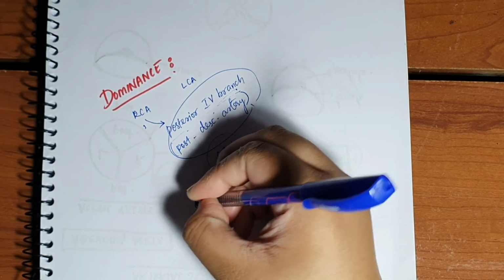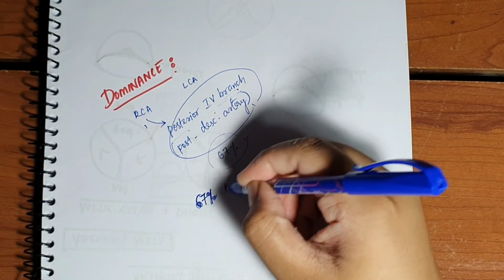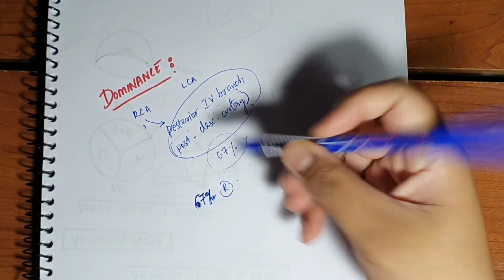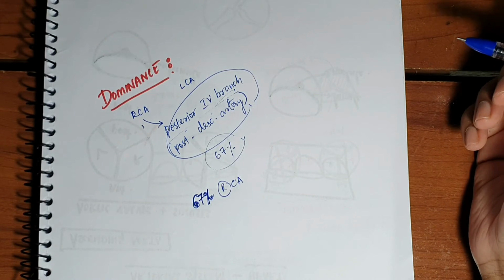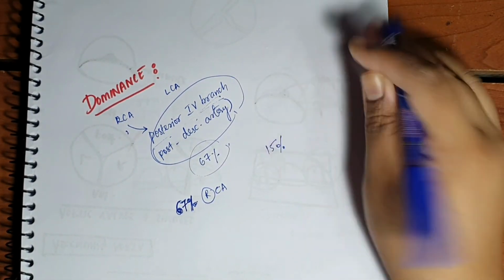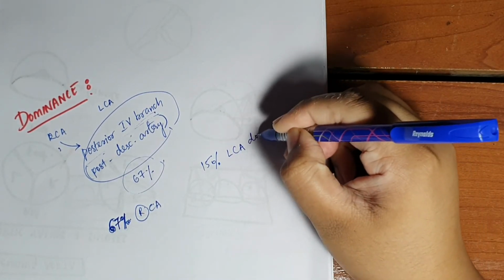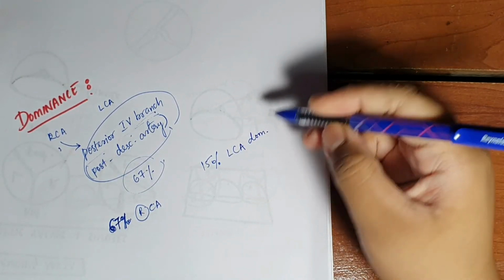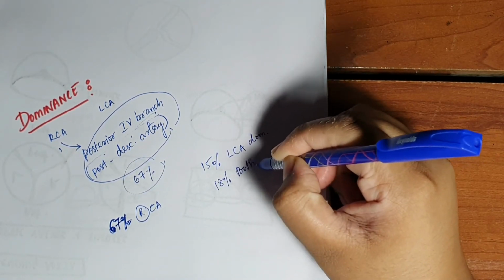meaning 67% of the people have a right-sided dominance. The right coronary artery is the dominant one. In 15% of the people, there is a left coronary artery dominance. And in 18% of the people, both are codominant.